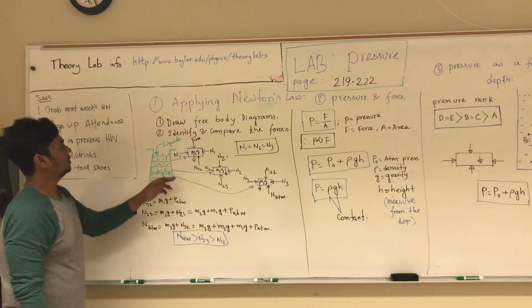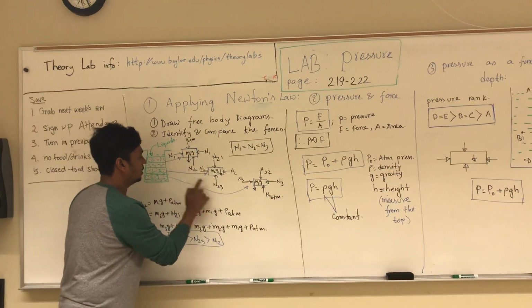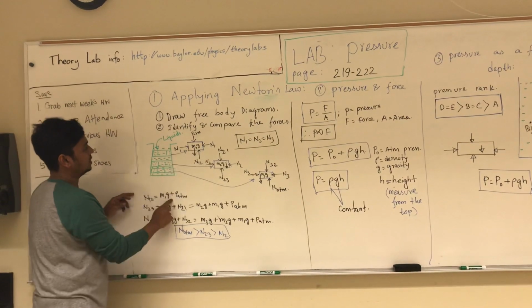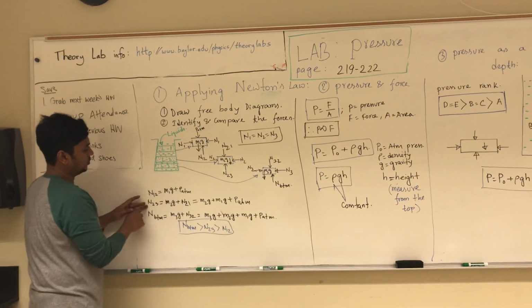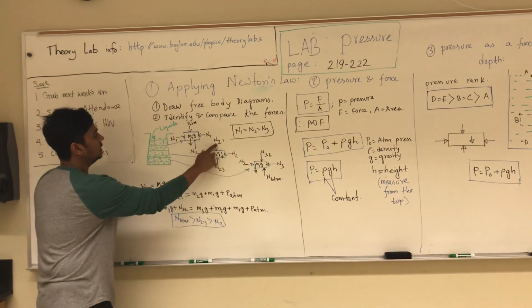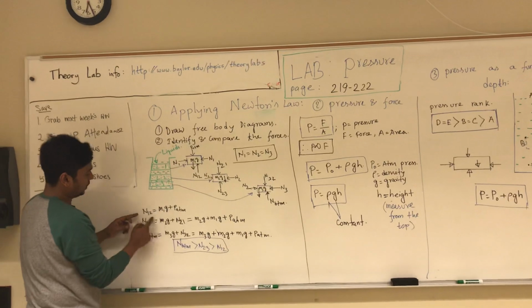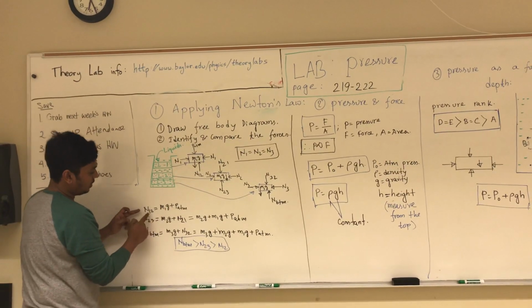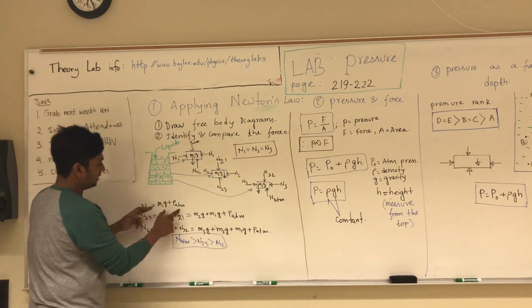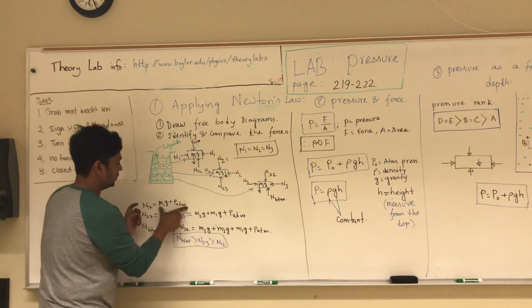So if I want to calculate the forces N12, N23 and N bottom: N12 is M1g plus atmospheric pressure force. For N23, M2g plus N21. N21 we know from Newton's pair, N12 is equal to N21, that is negative side. So I can write this totally.